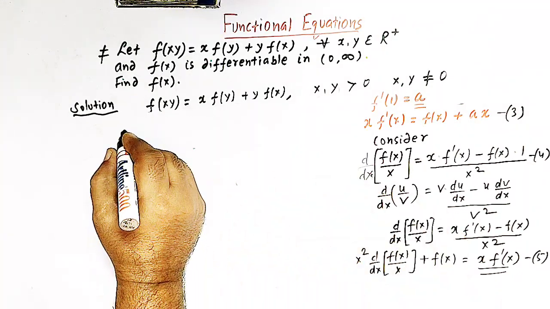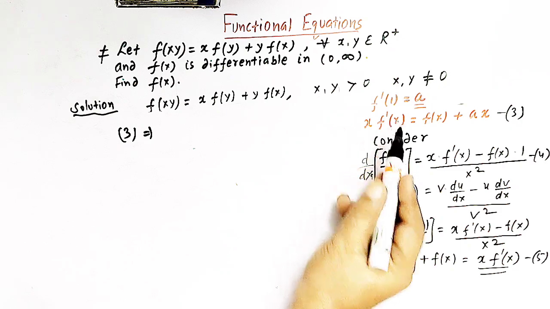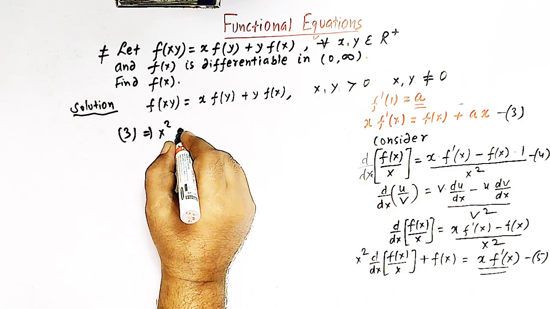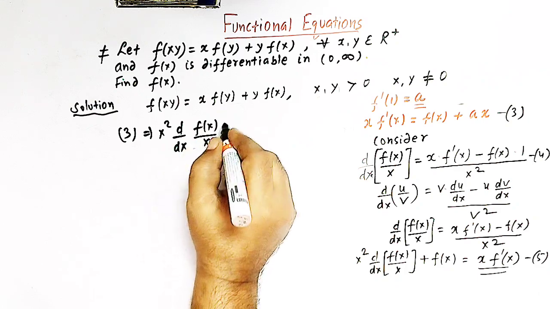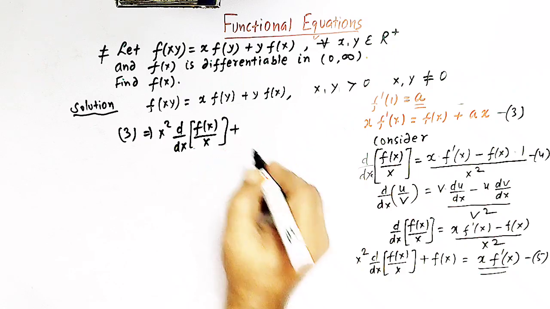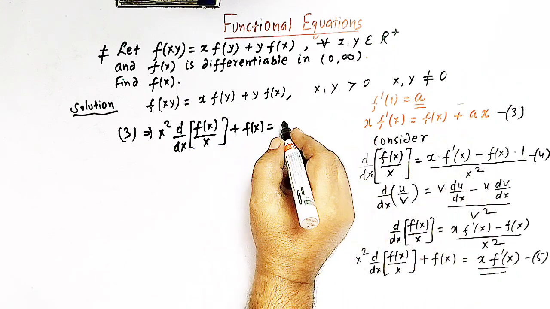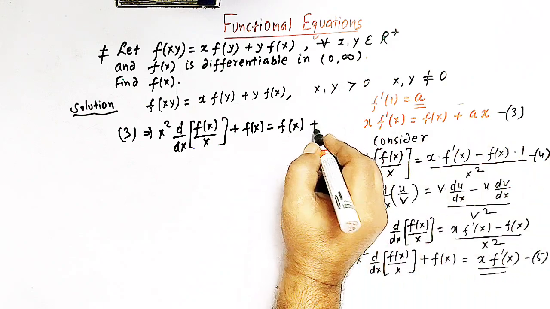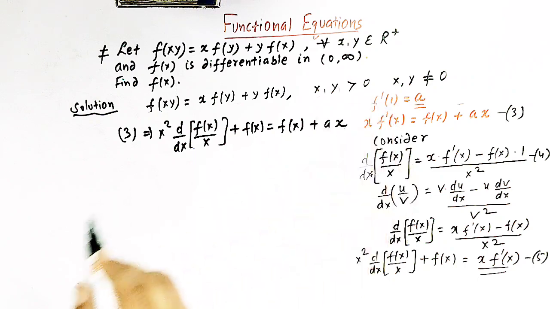So now equation 3 gives us, for x f prime of x, we can write this expression. So we have x square d by dx of f of x over x, and here we have f of x, and here the right hand side is f of x plus ax, where a is f prime of 1.